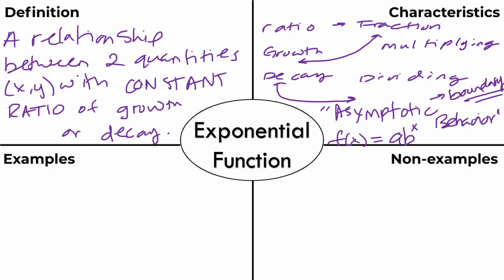So the most commonly used exponential function in Algebra 1 was, or should have been, f of x equals 2 to the x. Do y'all remember ever seeing that? Maybe. Okay. That should have been the one that was most used.